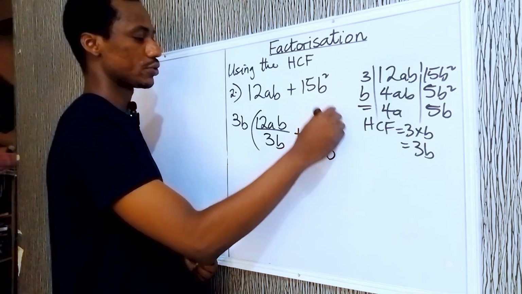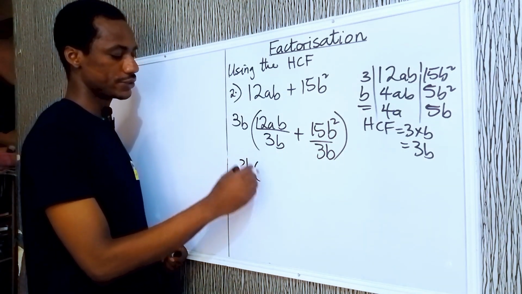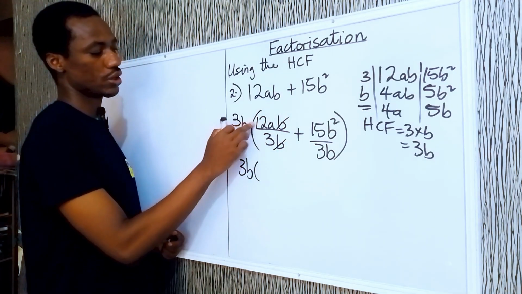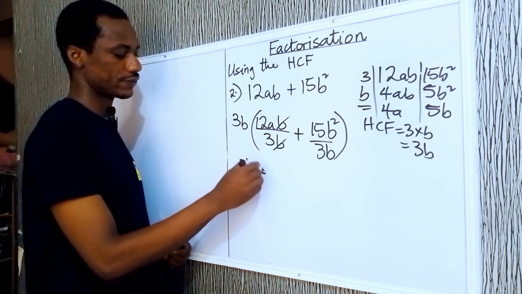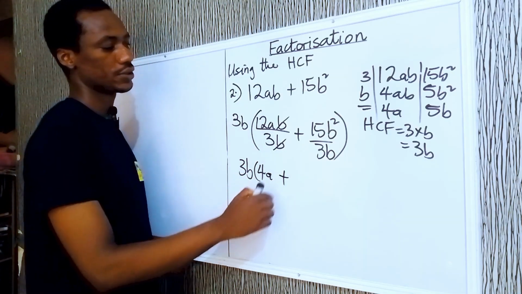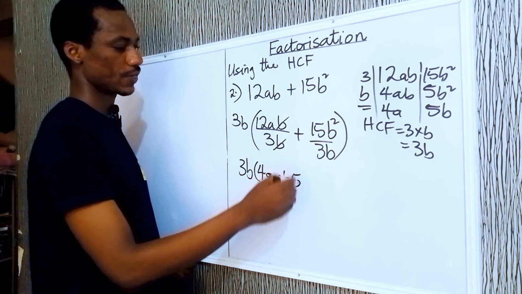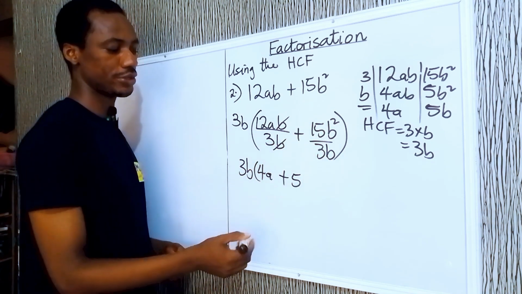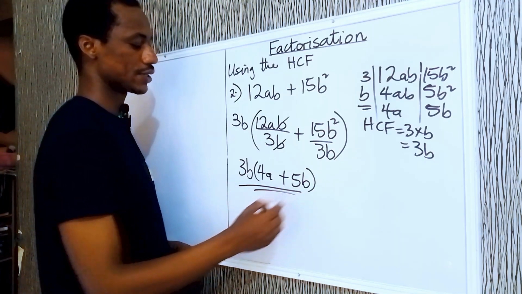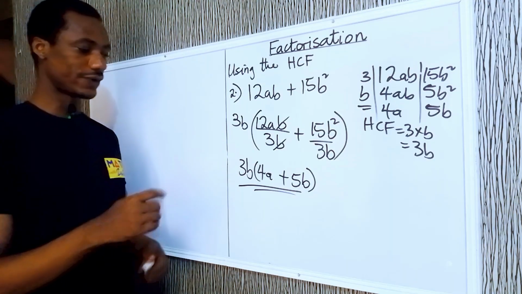So this is 3B outside, and then B takes B. 12 divided by 3 is 4, and then we have A there, plus 15 divided by 3 is 5, and then B squared divided by B is B. So our final answer will be 3B brackets 4A plus 5B close bracket.